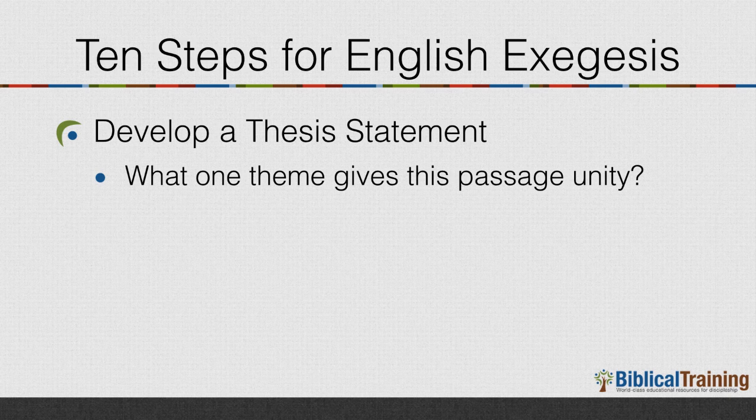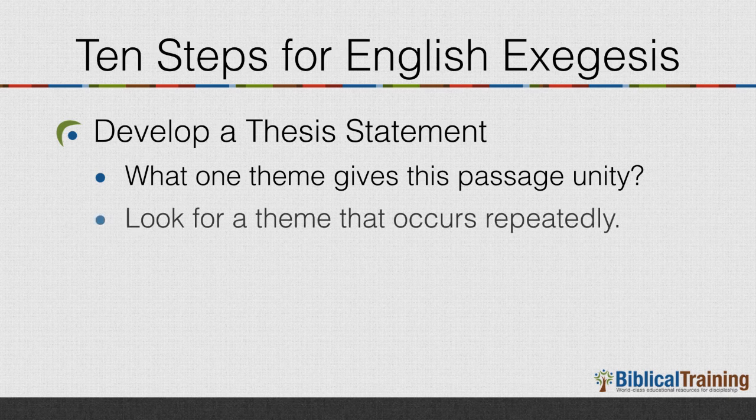Here's a second hint. After asking what one theme gives this passage unity, and these hints are related to each other, the second hint is look for a theme that occurs repeatedly, especially at the beginning and the end. A good writer, as a good speaker, will state first of all what they're going to be talking about, and then at the end, they'll summarize what they just talked about.